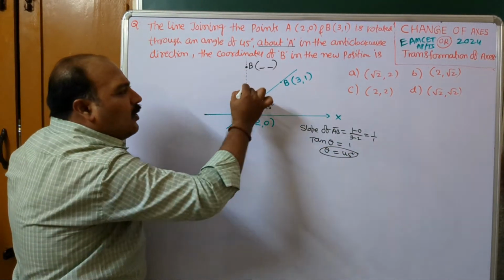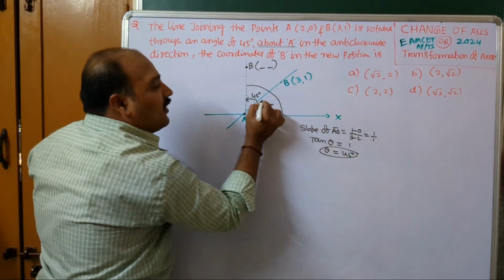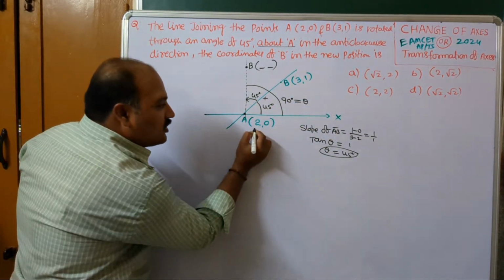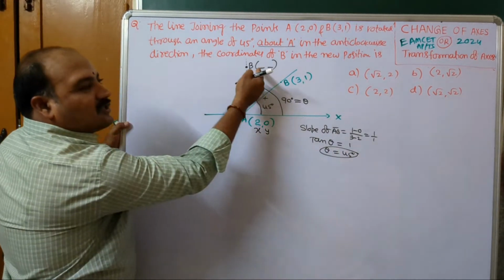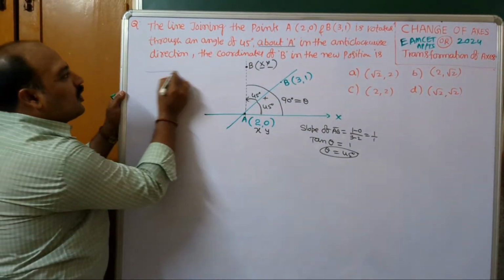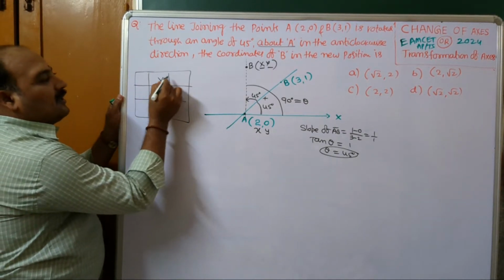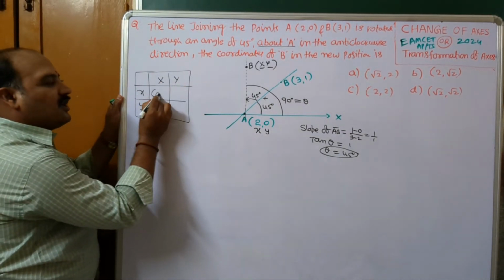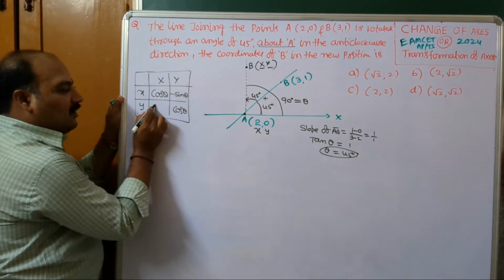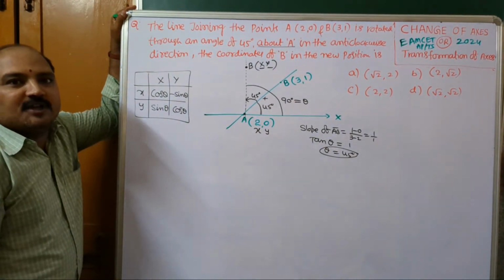Total how much angle will it be? To get the new points, total angle 45 plus 45, 90 degrees. Theta is 90. So this is small x comma small y. They are asking to find the new point, capital X comma capital Y. So from this table, we know that capital X capital Y, small x small y, cos theta, minus sin theta. Everyone knows about this table in transformation of axis or change of axis.